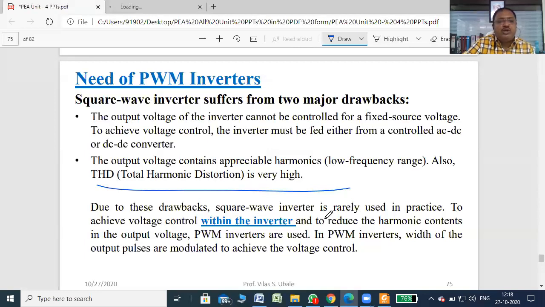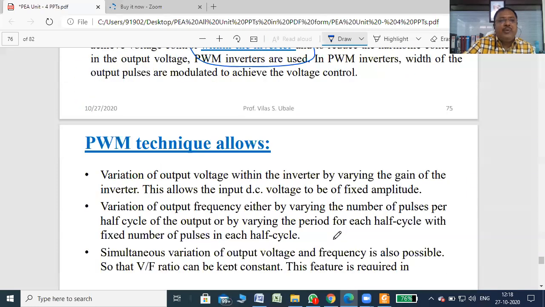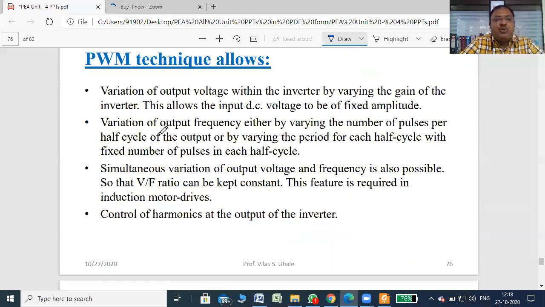So to achieve voltage control within an inverter and to reduce the harmonic components in the output voltage, we use a PWM inverter, right? PWM techniques allow you variation of output voltage within the inverter by varying the gain of the inverter, simply the amplitude of the reference signal, right?